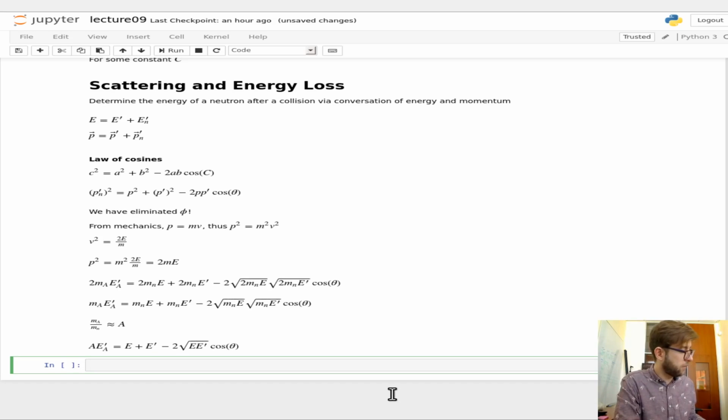So what we're looking for is, what we want to do is we have an equation here with both E prime, which we want to find, and E prime sub A unknown.